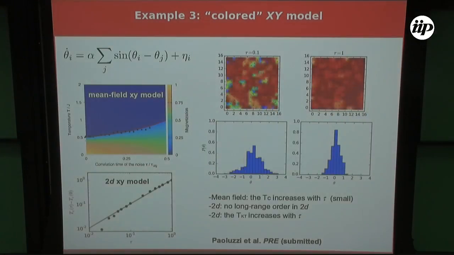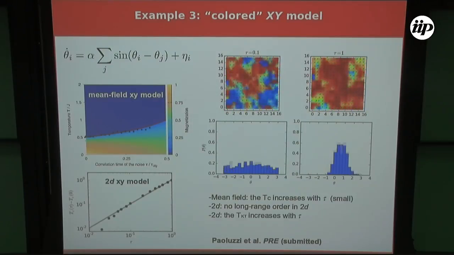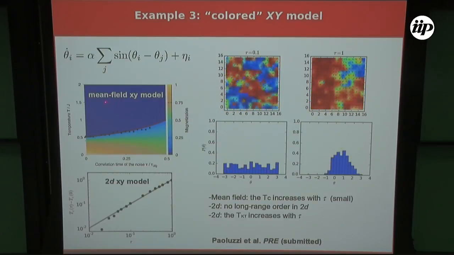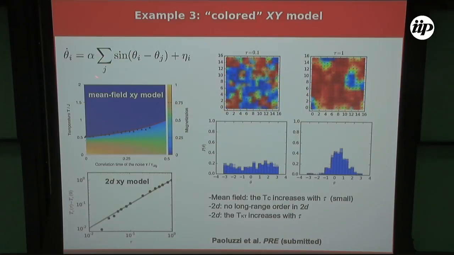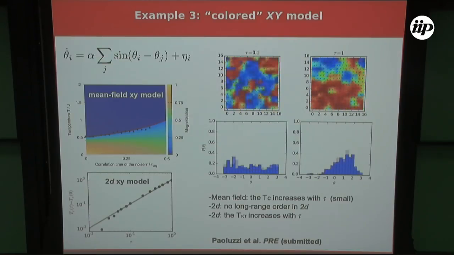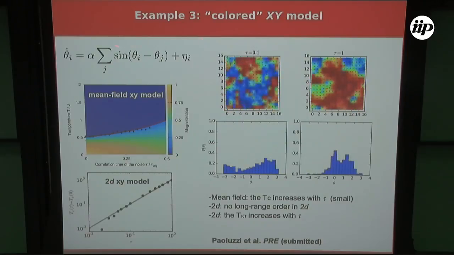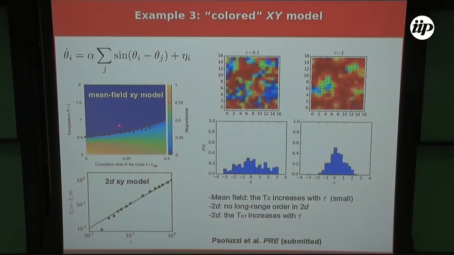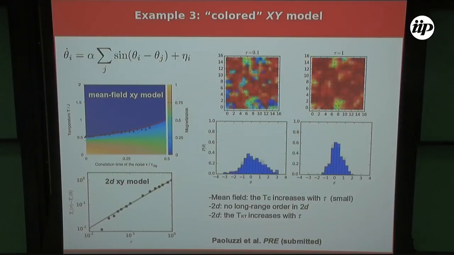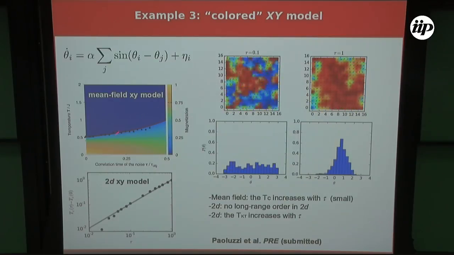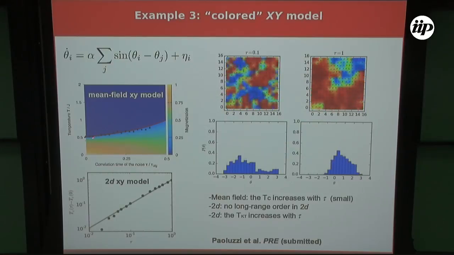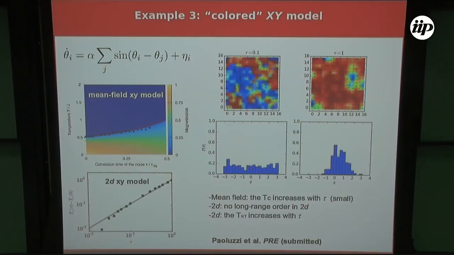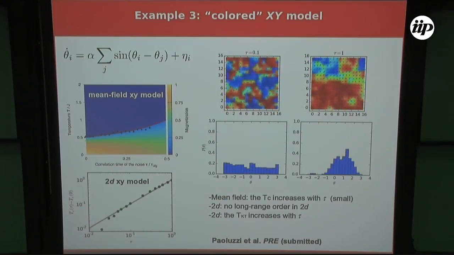But luckily we have theory, and we can predict a lot of results. If we make it a fully connected model, where alpha becomes 1 over N, we can compute the phase diagram, and we can show that the critical temperature has to increase with the memory of the noise.